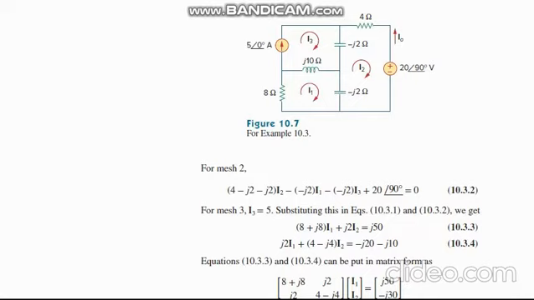Here 3 loops have been created. Loops mean a closed path, or a closed loop. So these loops are popularly known as loop currents, and they are also known as mesh currents.